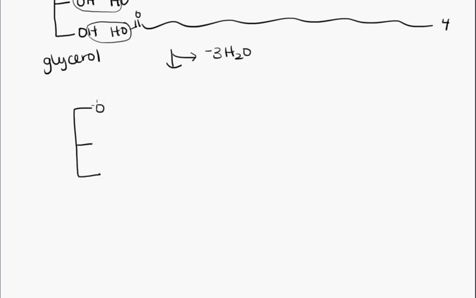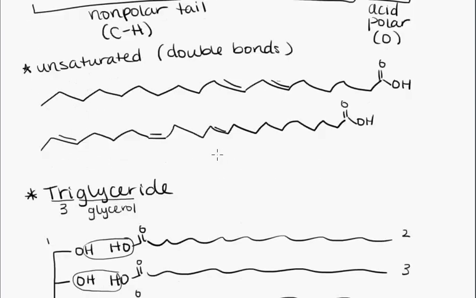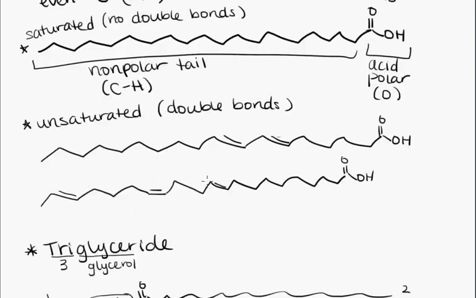So that bond looks a little different than in the carbohydrates, but you can still tell that it's a triglyceride if you look at how many fatty acids there are. So we see now 1, 2, 3 long chains. And if we compare this to the fatty acids up here, these aren't connected to anything. They still have this acid group that's not connected to anything, and they only have 1 long tail.